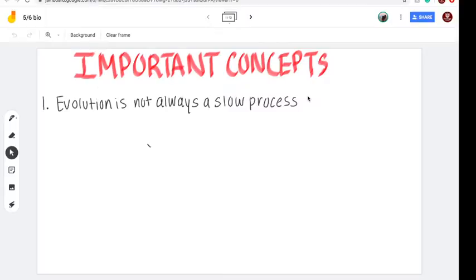It takes hundreds of thousands of years to develop a new feature or to create a new type of species. But there are some exceptions. For example, a population of bacteria can develop resistance to a particular antibiotic after only a few months of exposure. So this proves that evolution is not always a slow process.